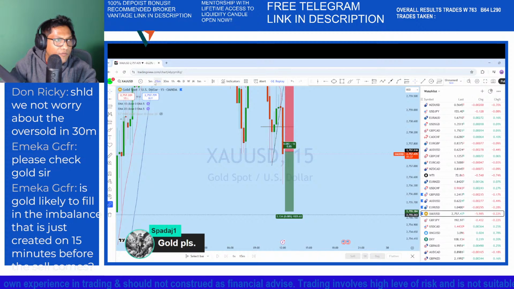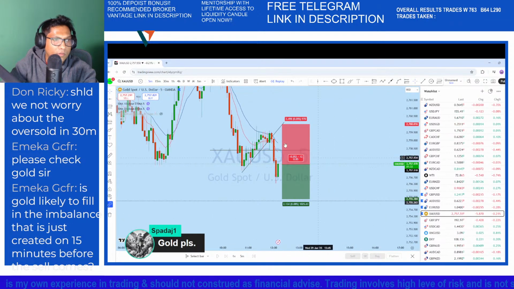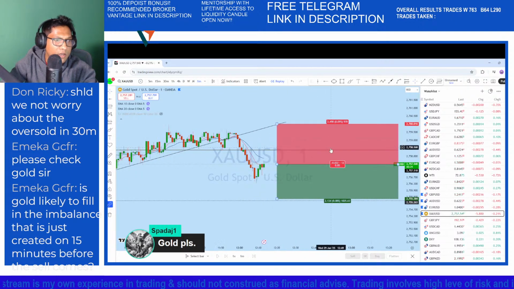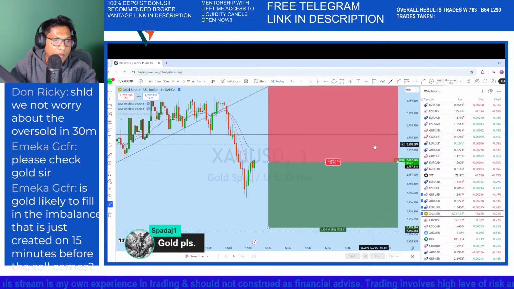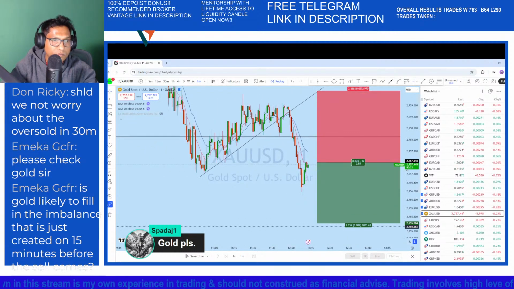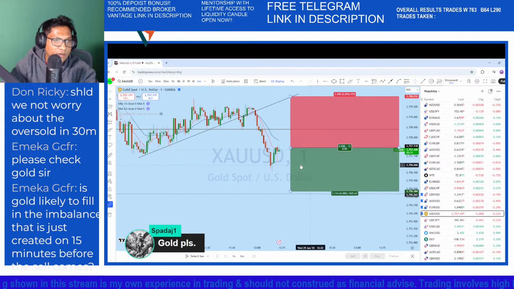Looking at the lower time frame on XAUUSD, this is the 1 minute chart on this instrument. There is a doji, and with the doji formation, this is another doji here.